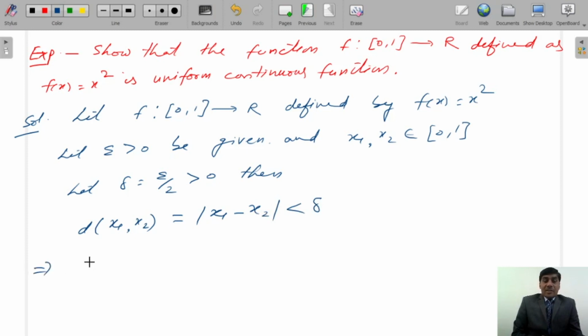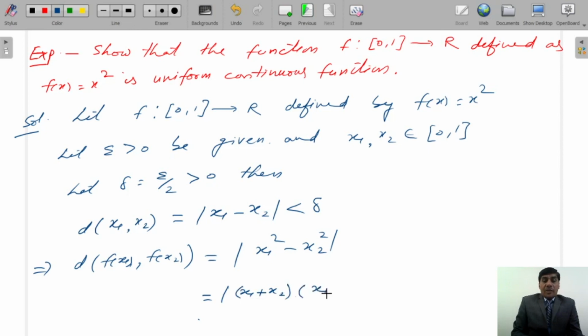This implies distance between f(x1), f(x2) is equal to modulus of x1 square minus x2 square, which is equal to modulus of (x1 plus x2) into (x1 minus x2).